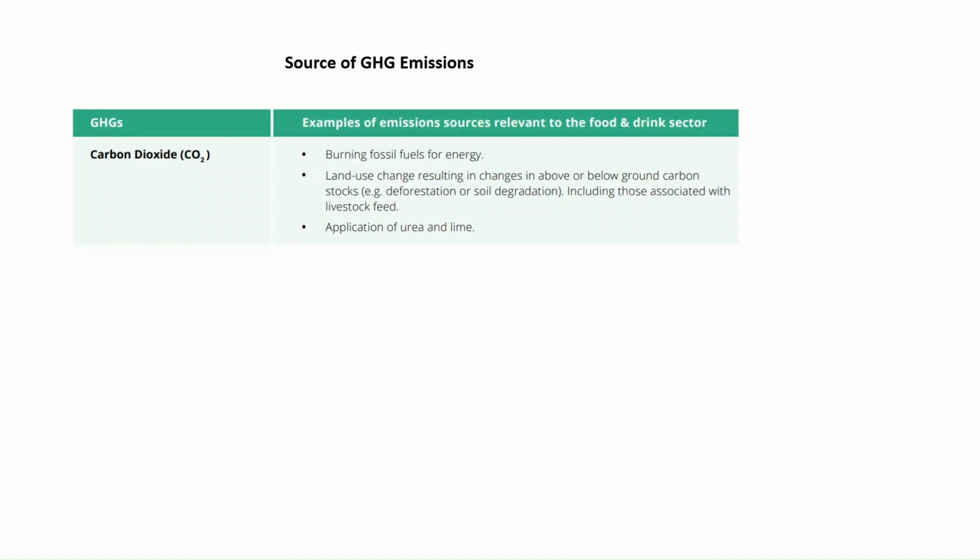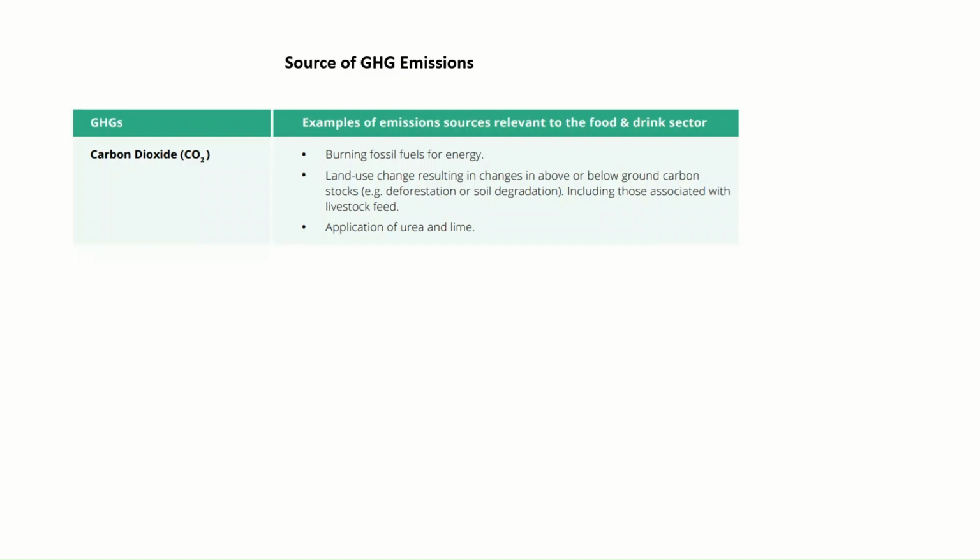Also, land is used for livestock feed, or for farming to produce the ingredients of those feeds, which produces a lot of carbon dioxide. The other one is the application of urea and lime. Urea and lime emit CO2 and CaCO3.